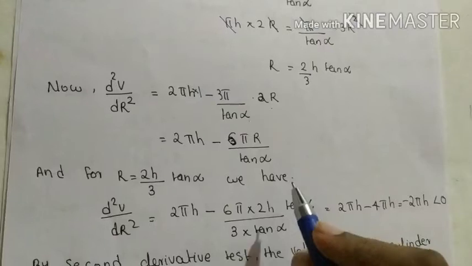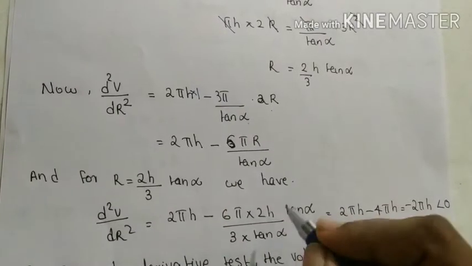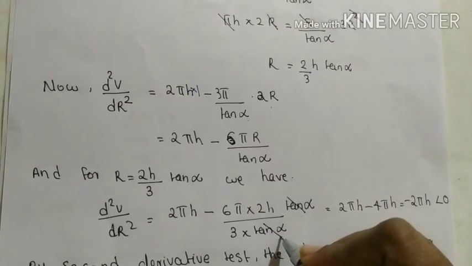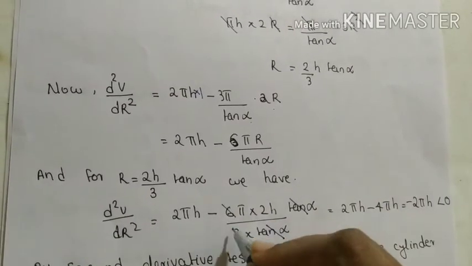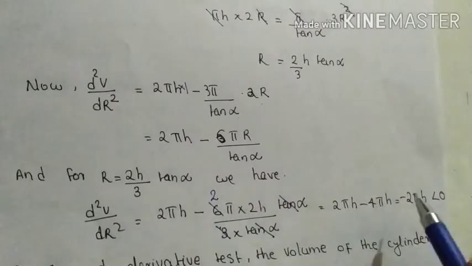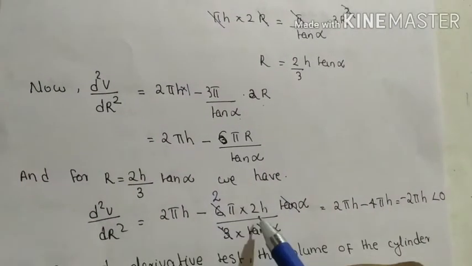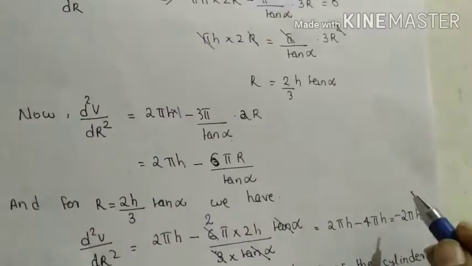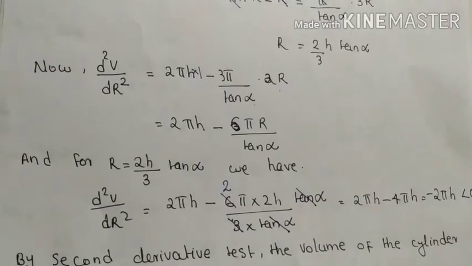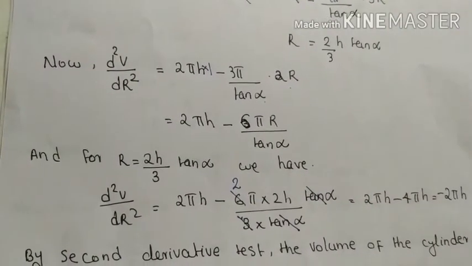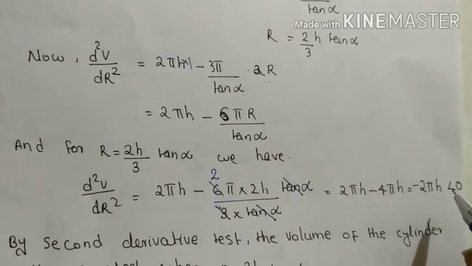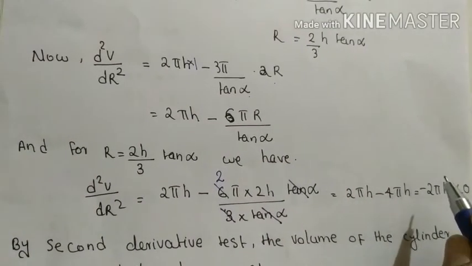These two tan alpha cancel each other, and 3 and 6 cancel, and finally we get 2 pi H minus 2 into 2, 4 pi H, that is minus 2 pi H. So after putting the critical point in the second derivative, we get a value less than 0, a negative value.